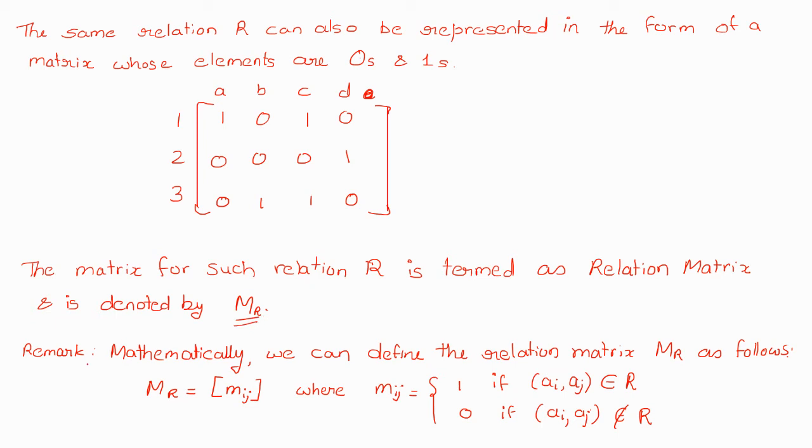In general, mathematically we can define the relation matrix M_R as the matrix of elements m_ij. This will be our m11, m12, m13 like this, or this will be m21, m22, and this will be our what?